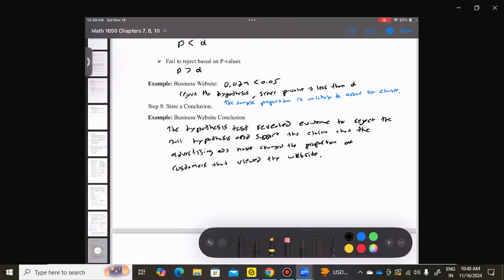We bring it back to the claim, we bring it back to the context of the problem.